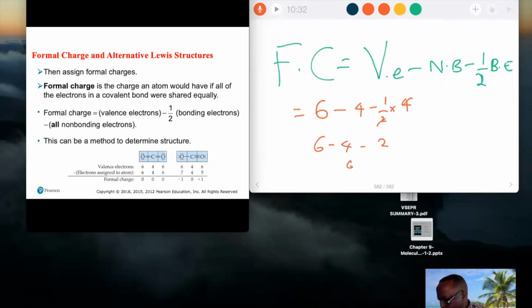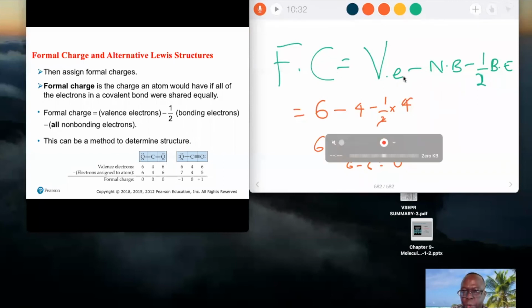This is the same as 6 minus 6, which is 0. This is where the 0 is coming from, based on this equation. I don't know if you want to use the one given here or this one: valence electrons minus non-bonding electrons minus half bonding electrons.